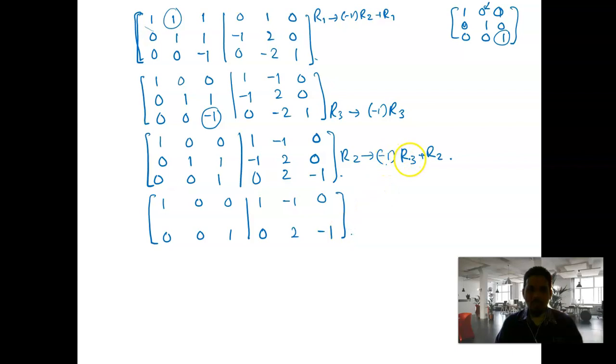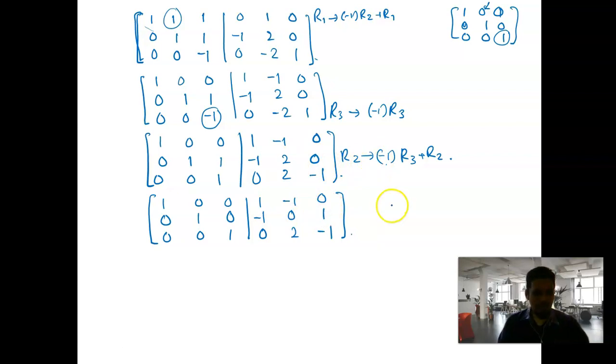Okay. -1 multiplied with the elements in R3, 0 and 0, 0. 0 plus 1 equals 1. So -1 multiplied with 1 is -1, -1 plus 1 equals 0. -1 multiplied with 0 equals 0, plus -1 is -1. -1 times 2 equals -2, plus 2 equals 0. -1 times -1 equals 1, plus 0 equals 1.